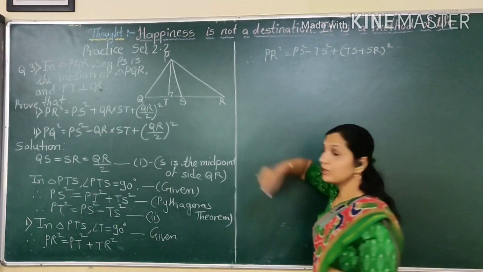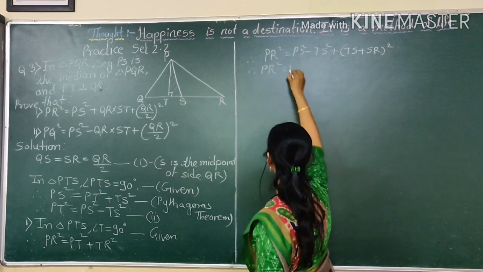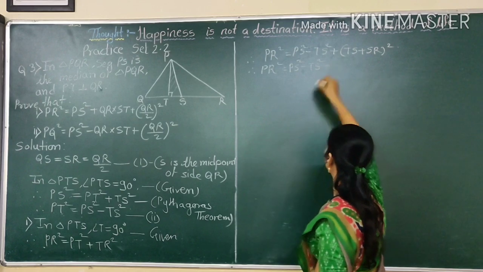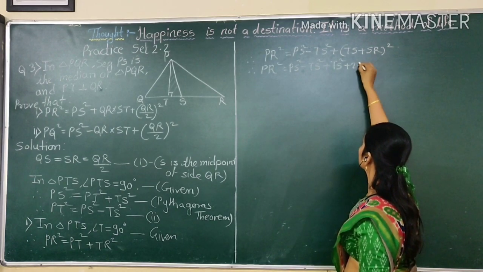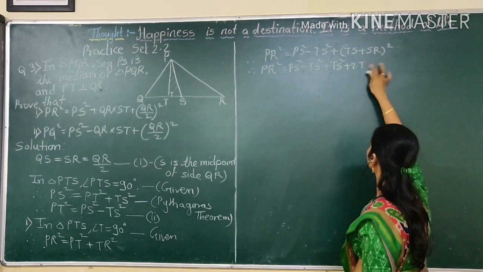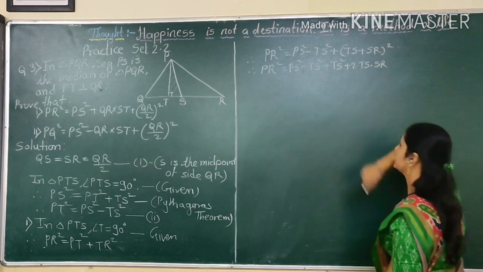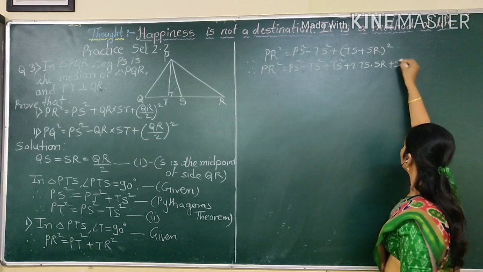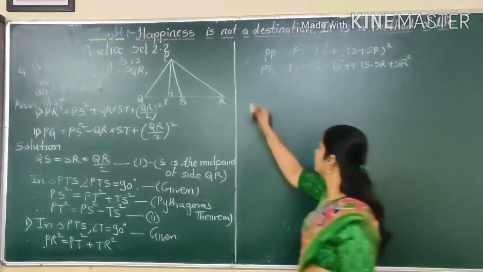Now remove the bracket, use identity. PR square is equal to PS square minus TS square plus TS square plus 2 into TS into SR plus SR square. Okay.